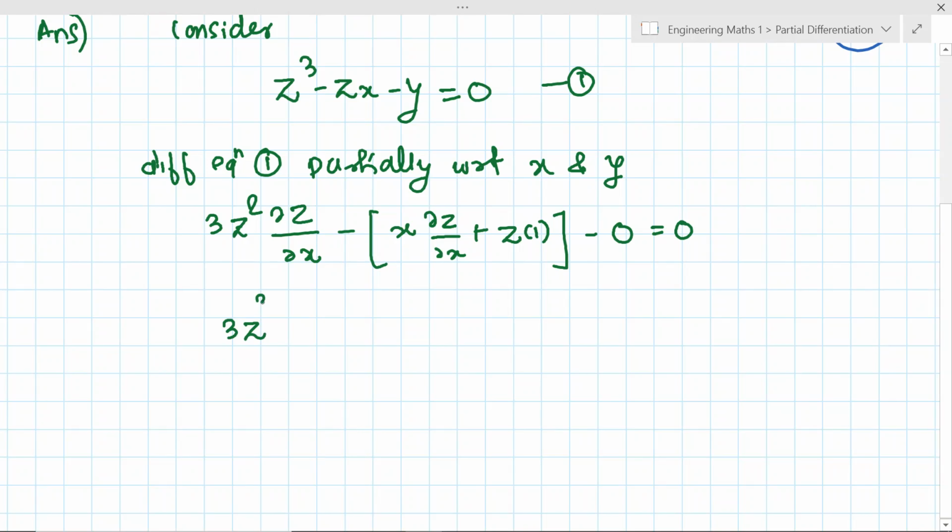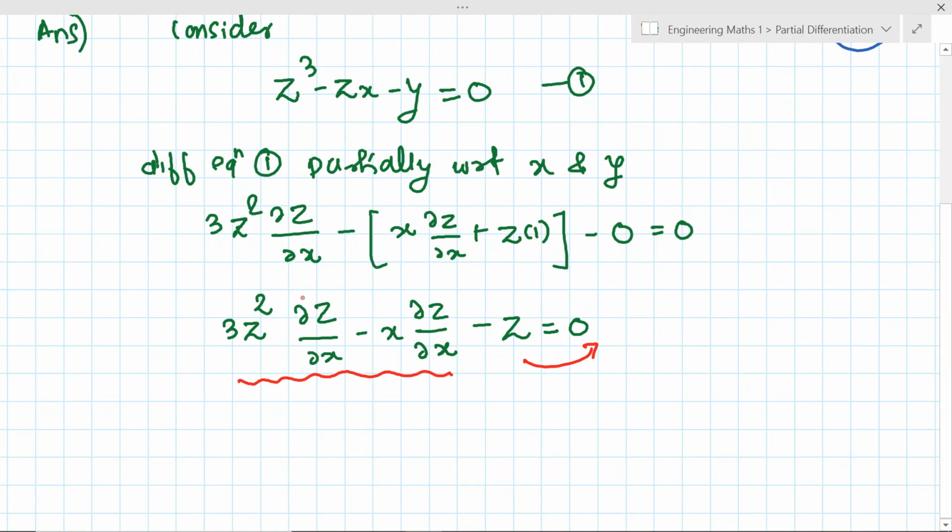Now what I get: 3z square ∂z/∂x minus x into ∂z/∂x minus z equals 0. Now shift this z to the other side. In the first two terms, what is common? ∂z/∂x is common. So what is in my bracket?